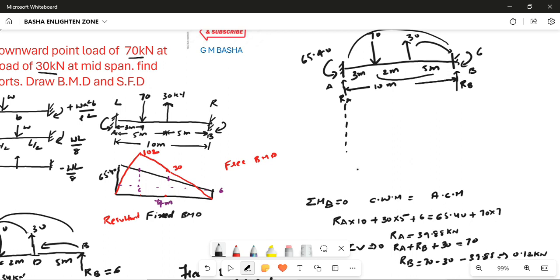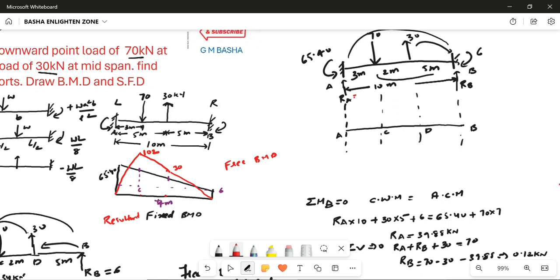So I am taking the reference of this A, B, C, D. Clear? Okay, and again I am taking the reference line. This is A, B, C, D. See here, what is your RA?